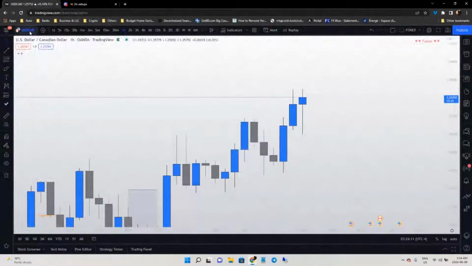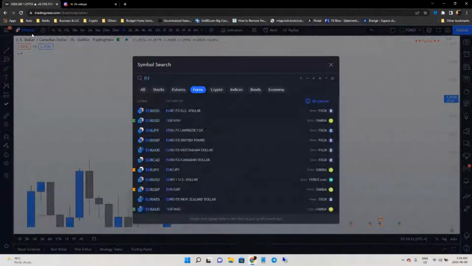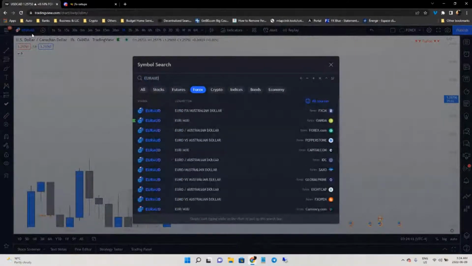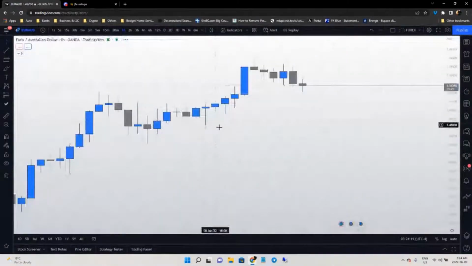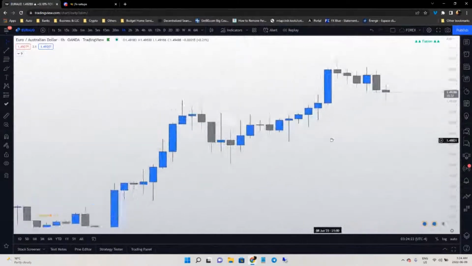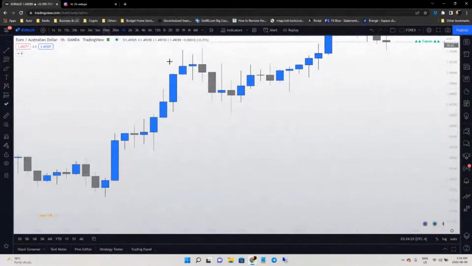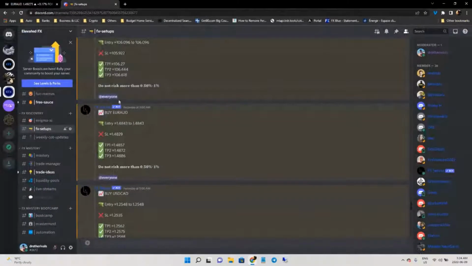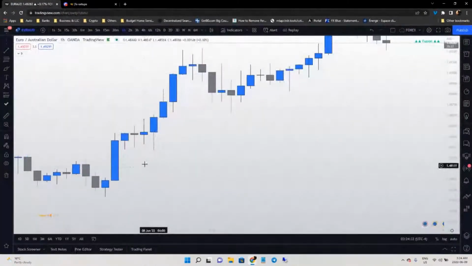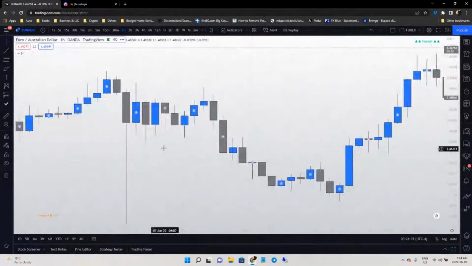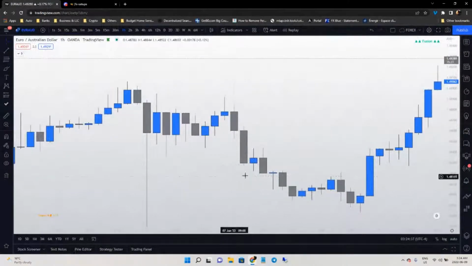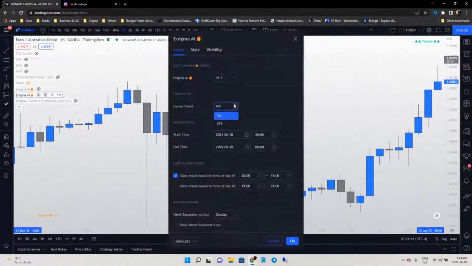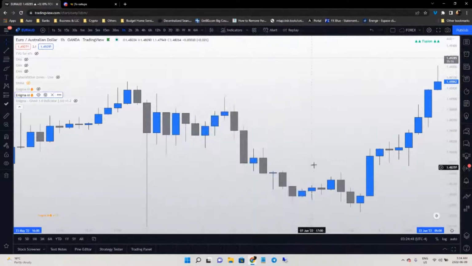We have Euro Aussie. Look at it. So Euro Aussie, we had it as a buy. And I'm pretty sure the reason why we don't see it, let's go ahead, Fusion off.